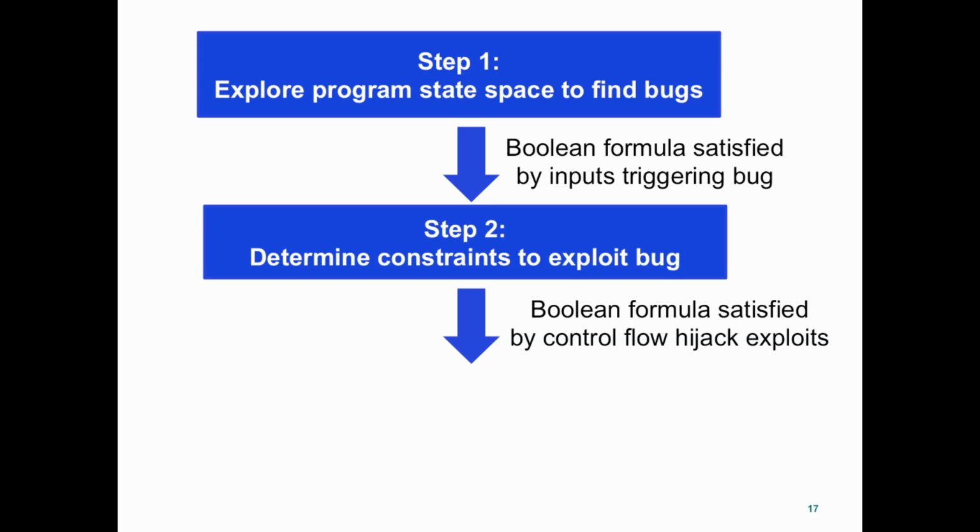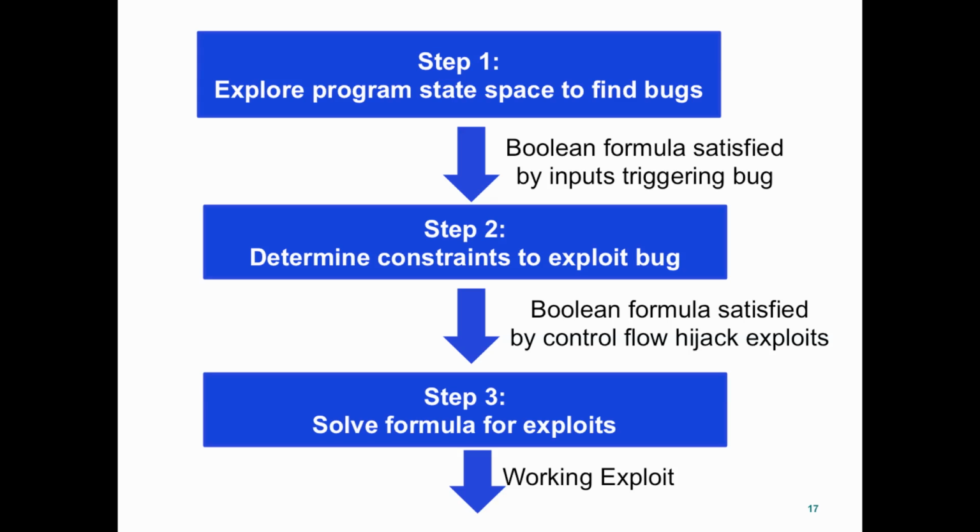The output of this step is again a Boolean formula that's satisfied by control flow hijack exploits. Now step 1 and 2 output Boolean formulas. Boolean formulas are either satisfiable or unsatisfiable, and it turns out by construction a satisfying answer is an exploit. And we use a decision procedure to find satisfying inputs.